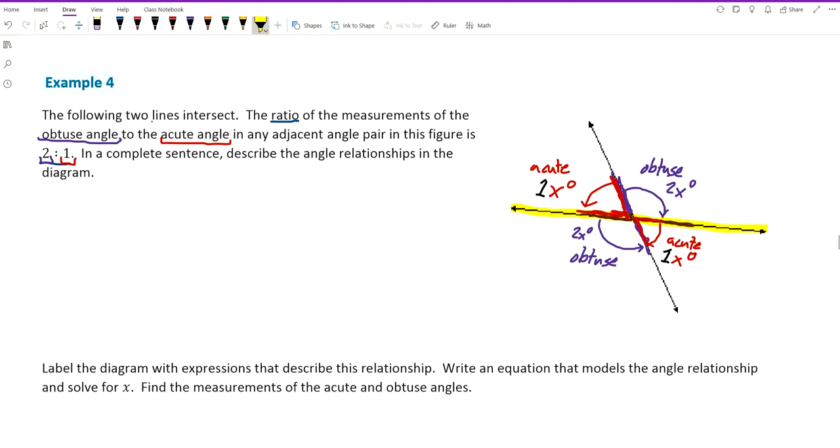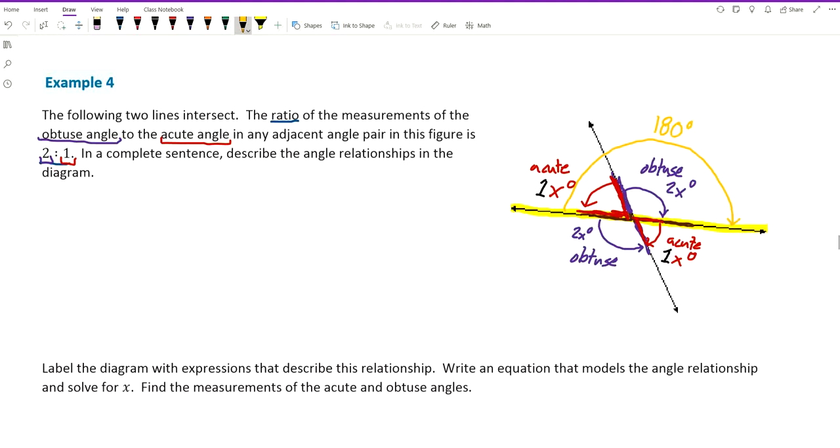It tells us there's two lines that intersect. And I'm going to remind you that every line has an angle, a straight angle, that equals 180 degrees. So from here, from facing this direction to rotating all the way around requires 180 degrees of rotation.